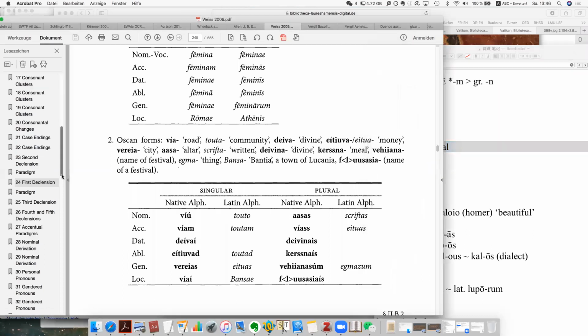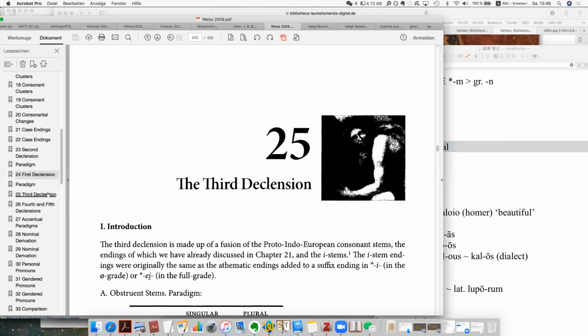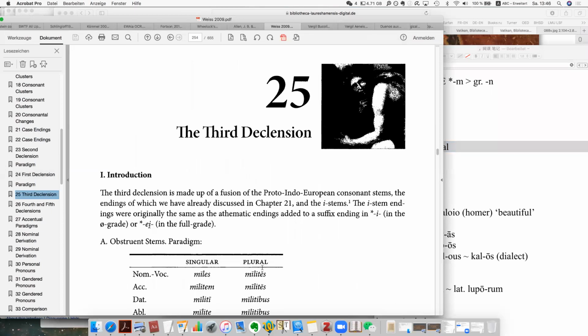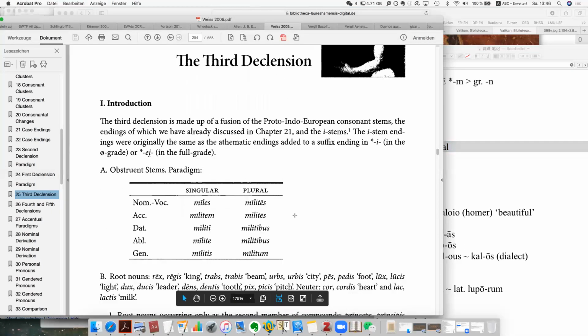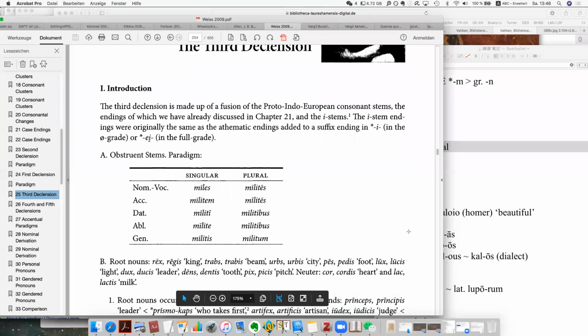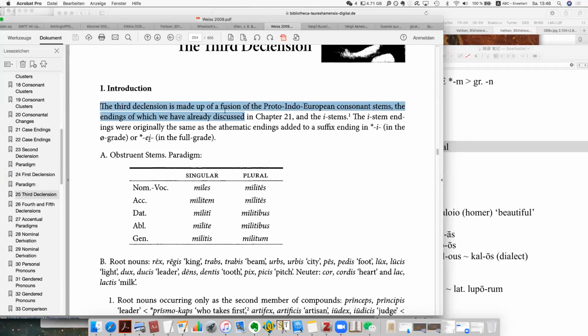Okay, so let's talk about the third declension. In Latin, there's something important. This is what we are going to talk about today. The Latin third declension is actually a mixture of the consonant stem and the E stem.